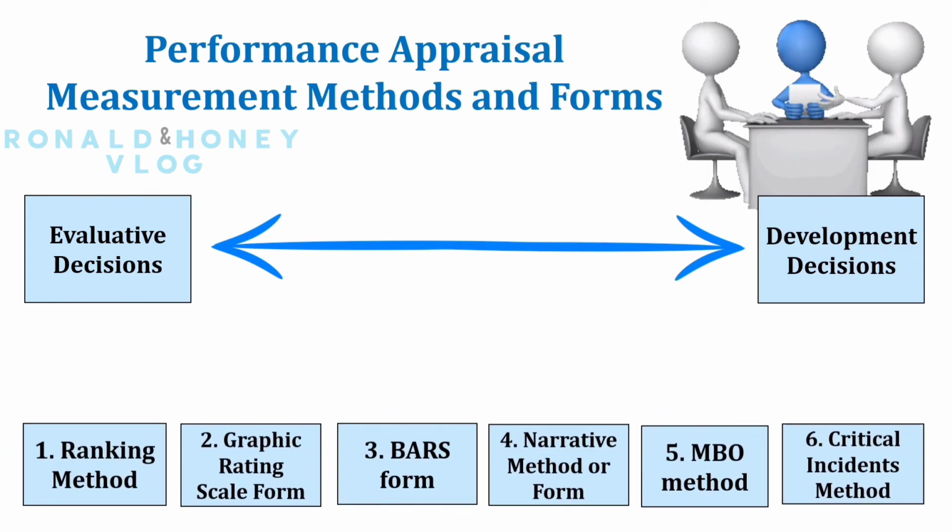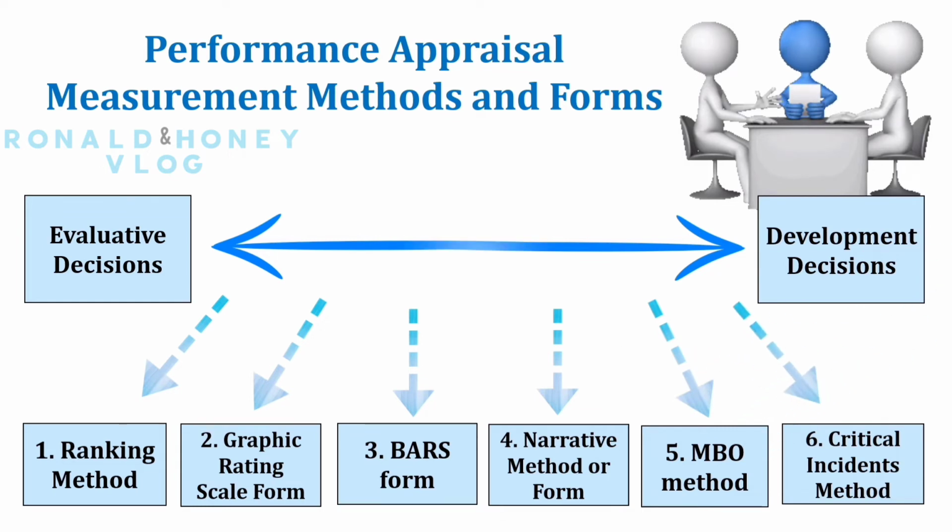And what you see below are the performance appraisal measurement methods and forms. First is the ranking method, the graphic rating scale form, BARS form, the narrative method or form, MBO method, the critical incidents method.